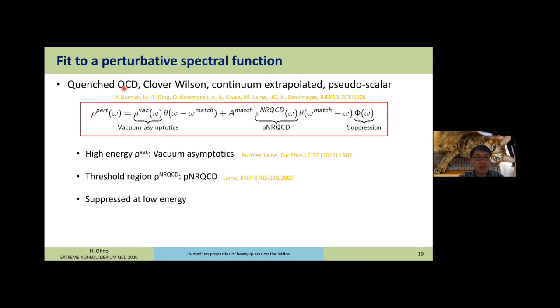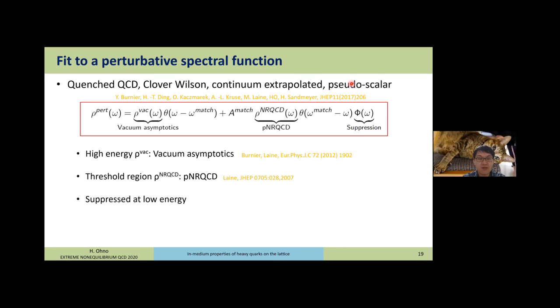That means our calculation has been done on quenched QCD configurations on a very large lattice, and we also performed a very precise continuum extrapolation. First, we started this study for the pseudoscalar channel, because the pseudoscalar channel basically should not have any transport peak.